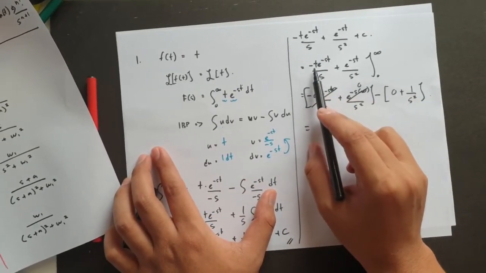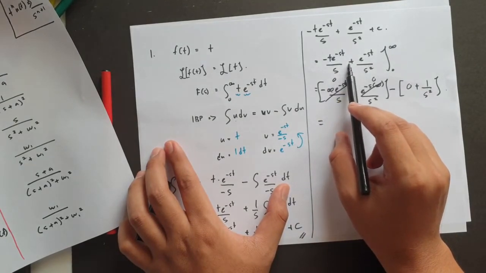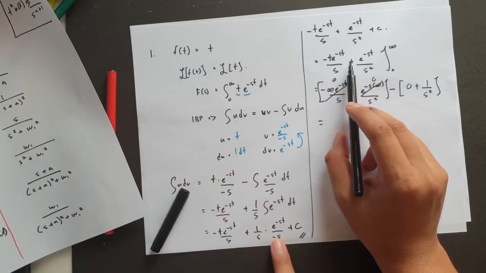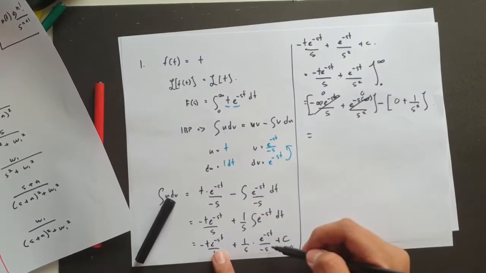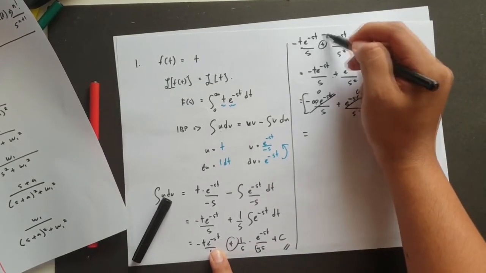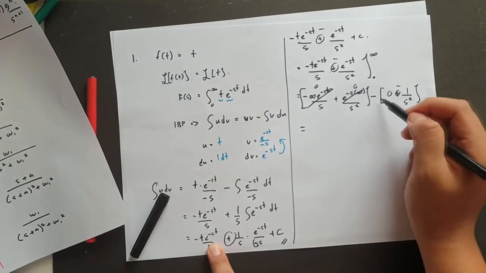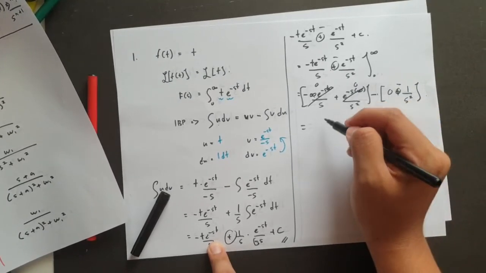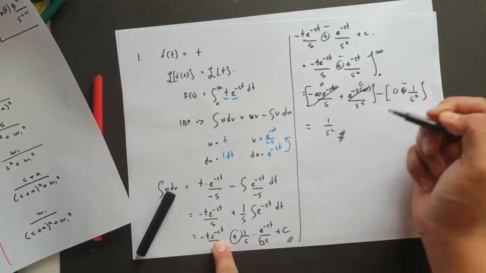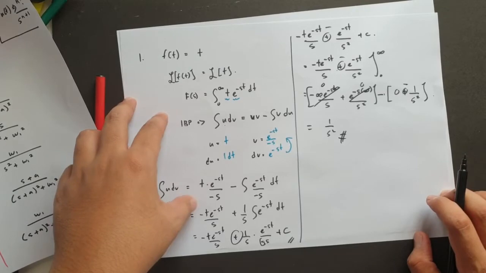Oh sorry, I forgot this sign. This one is negative, and negative and negative means positive, so we get 1 over s squared. So this is the final answer. Okay, you get it?